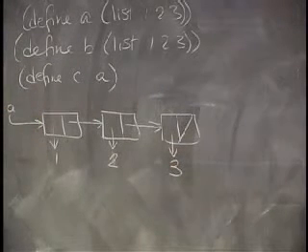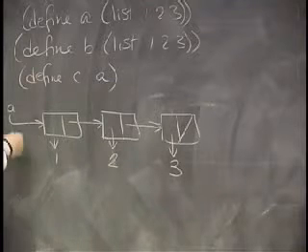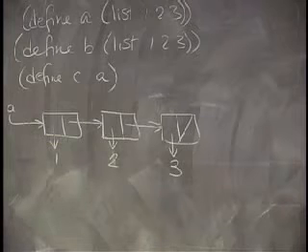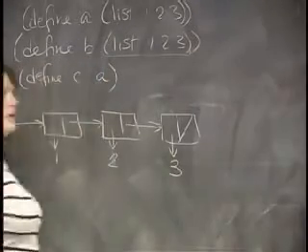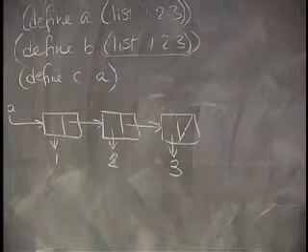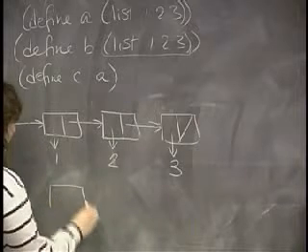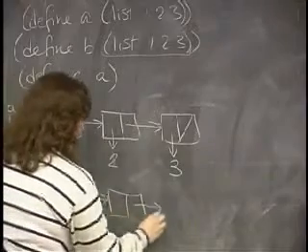And then we have a binding of A to that box and pointer diagram. When we say B is the list 1, 2, 3, a new box and pointer diagram is constructed. So we're going to get a second box and pointer diagram that's going to look an awful lot like the first one.